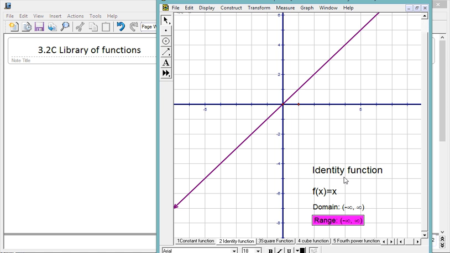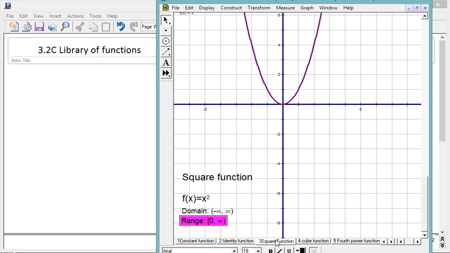It's kind of our basic line. All lines then are kind of a shift on this and maybe tilted more. So this is kind of our basic standard line. The domain is all real numbers, and the range is all real numbers.